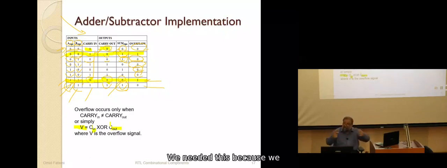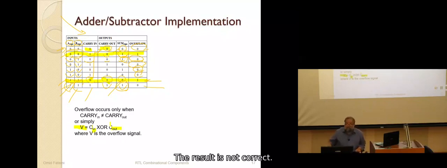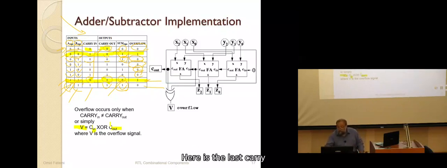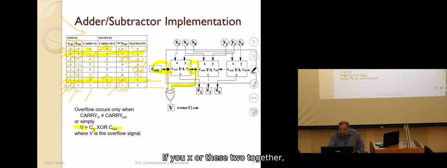And we needed this because we should know if overflow happens or not. If overflow happened, it means that we had to do something. The result is not correct. So here, the last carry in is this one, and the carry out of this one. If you XOR these two together, you get the overflow flag.